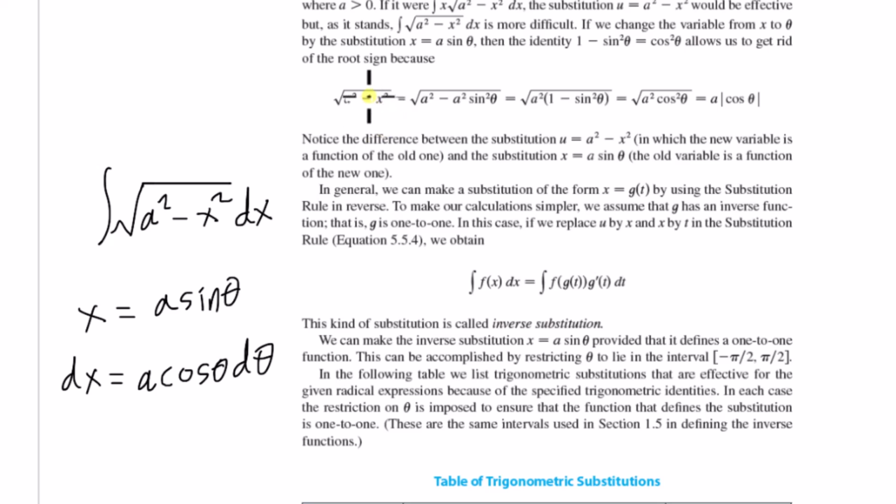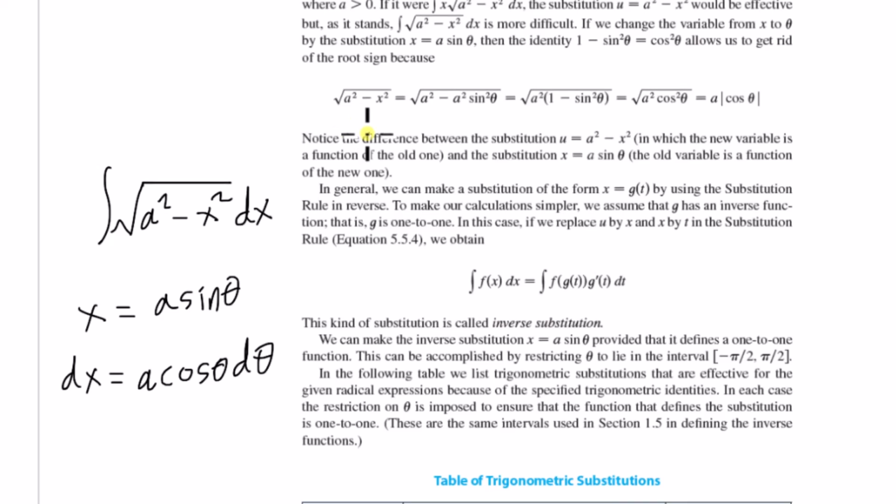It works really great for the square root because it eliminates the square root, right? But even if this was a squared minus x squared squared, a to the fourth cosine theta to the fourth is still a lot cleaner than a squared minus x squared to the squared, right? So you might want to use the trig substitution there.